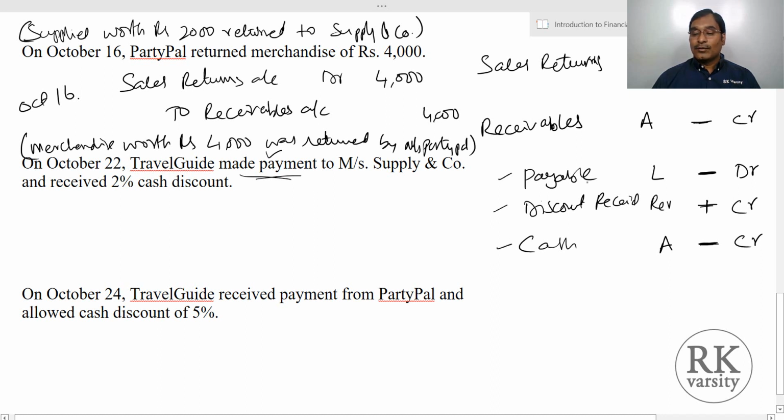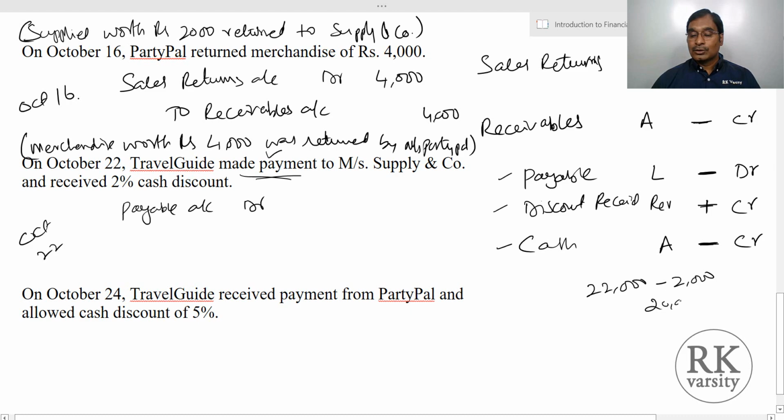So which account do we have to debit now? Payable. So in our journal entry on October 22nd, the entry is payable account debtor. So how much is the amount that we have to pay to Travel Guide? Initially we bought supplies worth 22,000, and from this we returned 2,000.